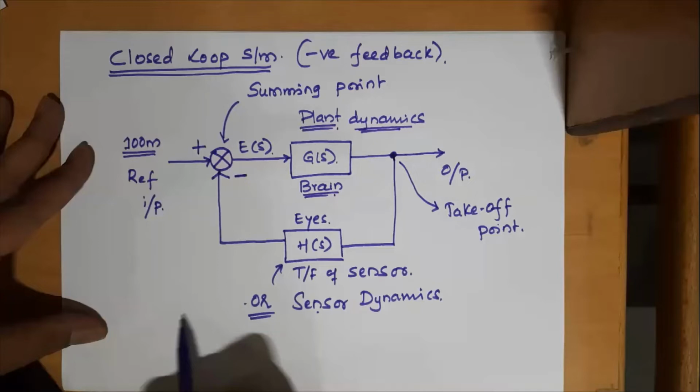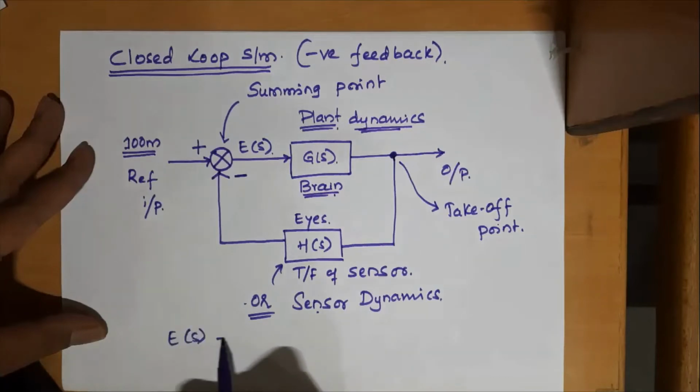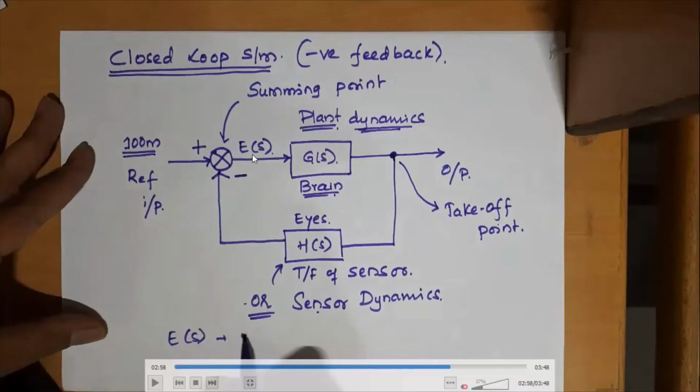If you ignore that, you may end up with an undesired output, we can say. So the sensor dynamics is often represented by H(s), and it will obviously come in the feedback path because you are taking the feedback information from the sensor. Fine. So this is how the feedback is sent. Next, the signal E(s).